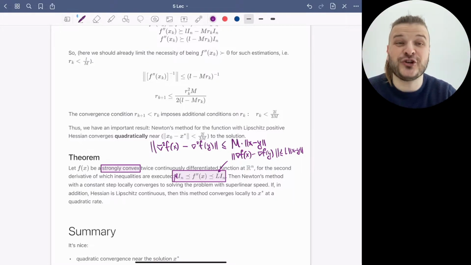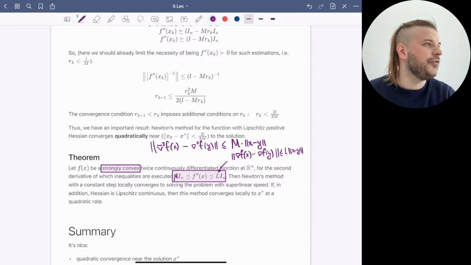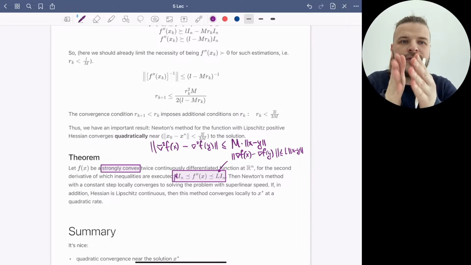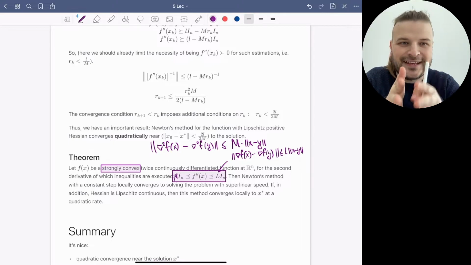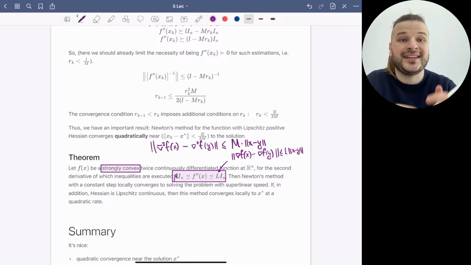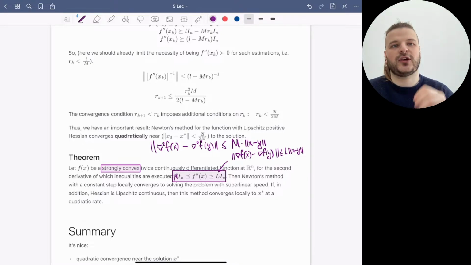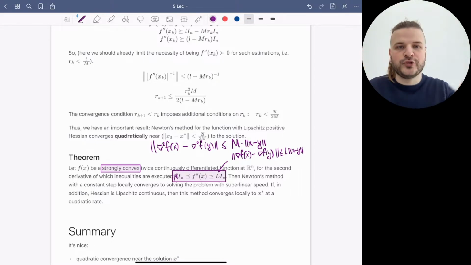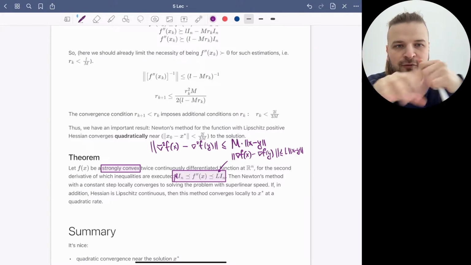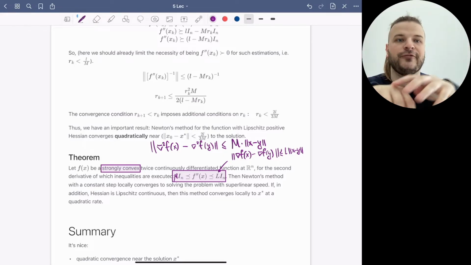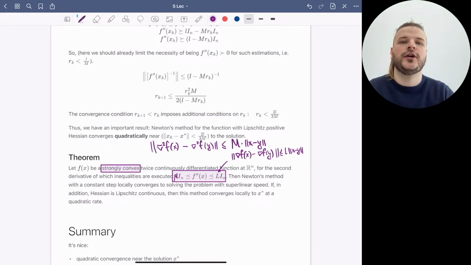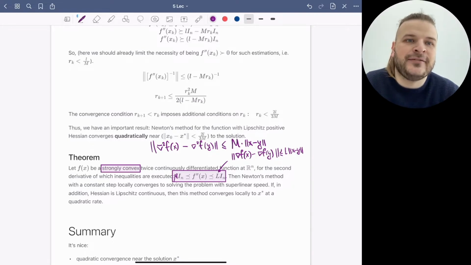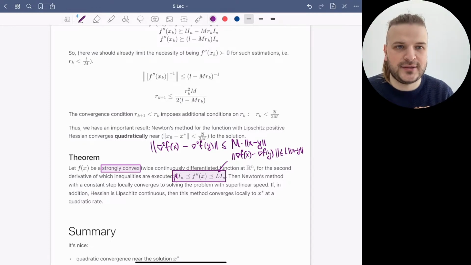Quadratic convergence means that you are doubling your accuracy in terms of the number of correct digits in decimal representation: if you have one meaningful digit, the next iteration you'll have 2 digits after the floating point, then 4, 8, and so on. So you'll always need only several iterations of this method to converge to a very accurate solution.